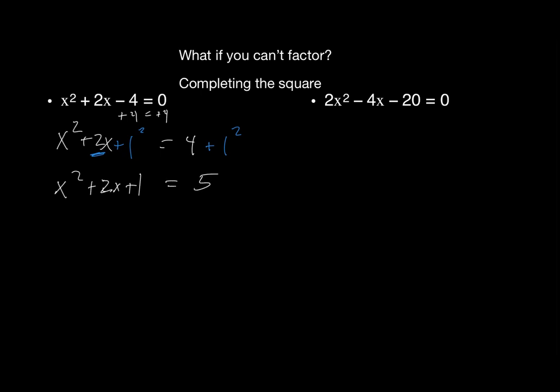And the reason why, now really what I have here, if I keep thinking about this as 1 squared, the left-hand side factors into x plus 1 and x plus 1. Again, thinking, what two numbers multiply to positive 1 that also add to positive 2?